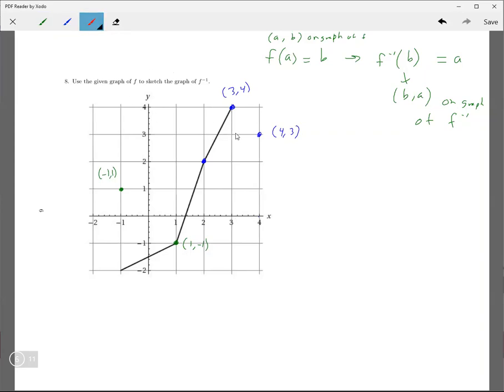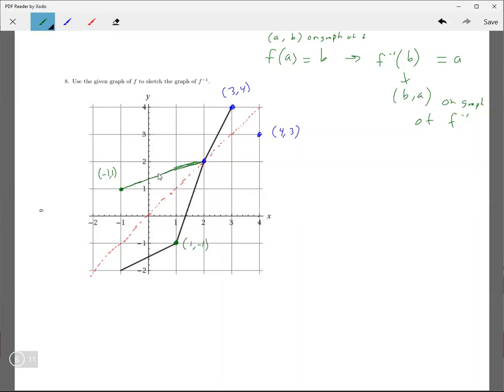And it turns out that if you look at this line y equals x right here, the way this concept plays out is you just reflect your graph of f over that line, and that will give you the graph of f inverse.